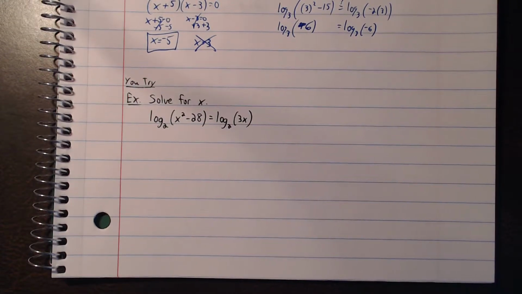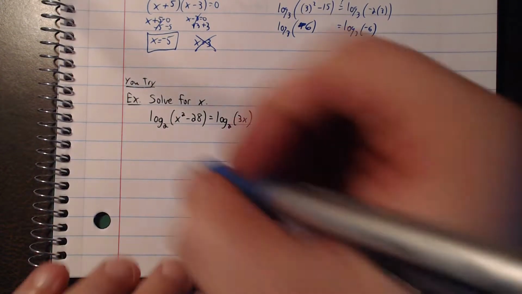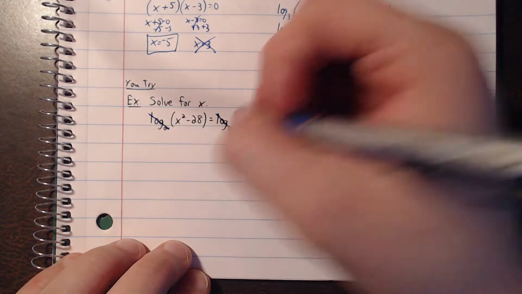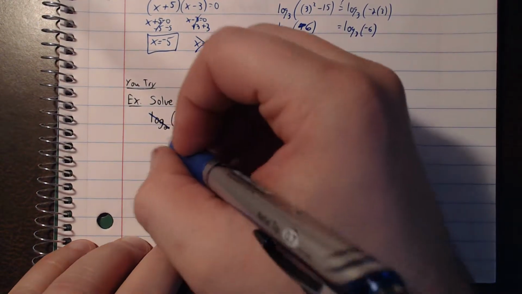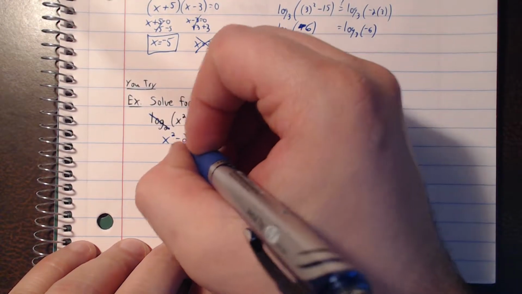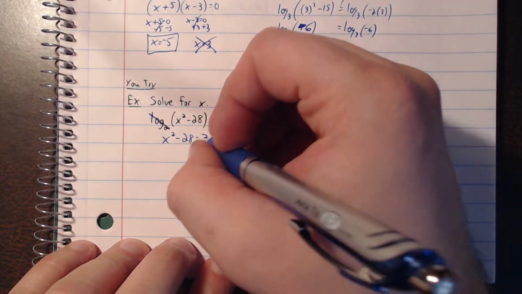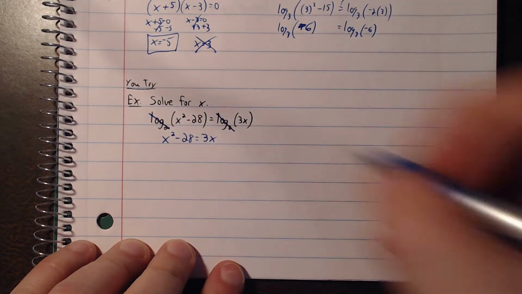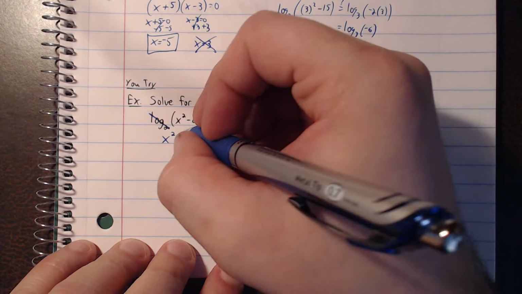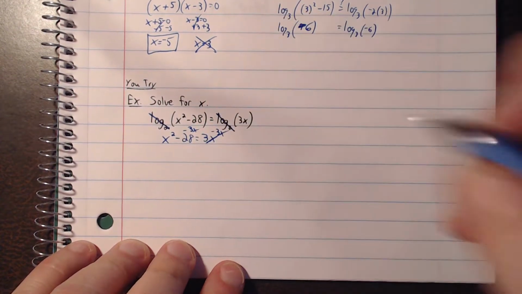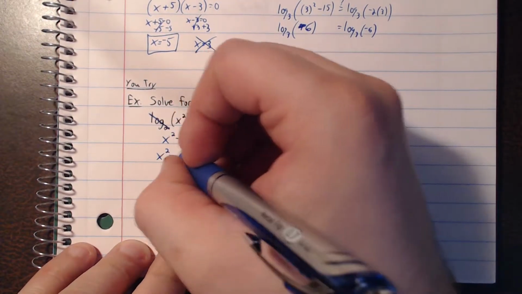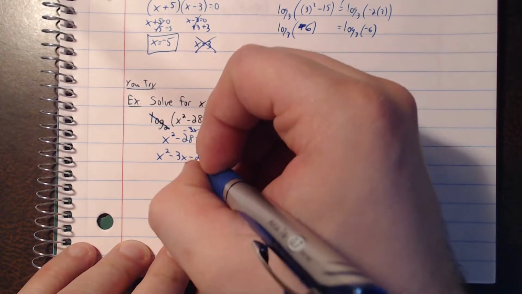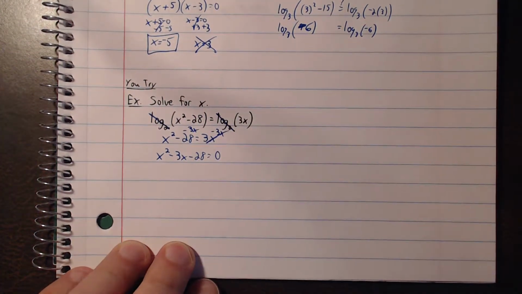Let's do it. I notice that we have the same base, so we can pretty much just get rid of those and work with the insides. We're going to move this 3x so it's on the same side as x squared, and that means we have to factor.